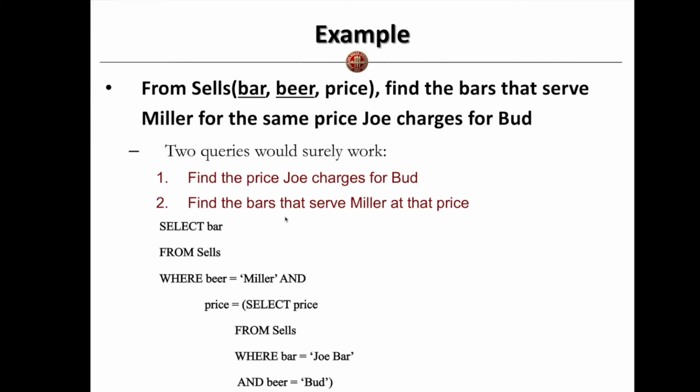Then we can do the second question, find the bars that serve the mineral at the same price. So we can do it by select bar from sales table where the beer equals mineral and price equals the return result of this subquery. So we need to have these parentheses, denoting the subquery. So this is about the subquery.